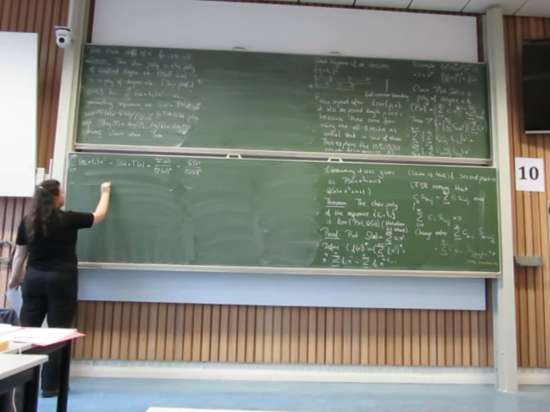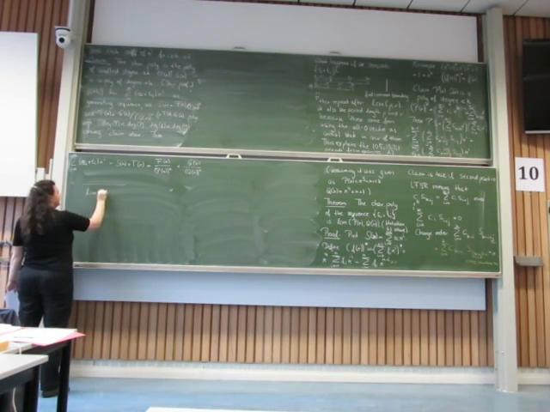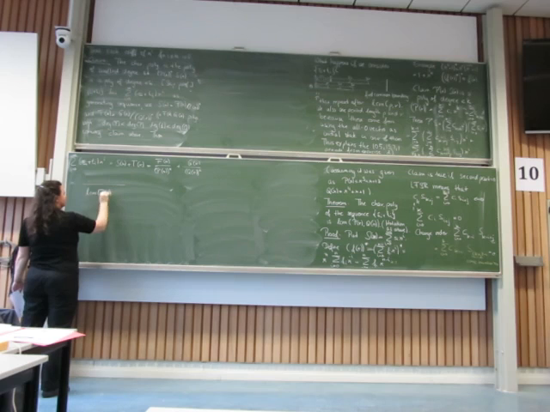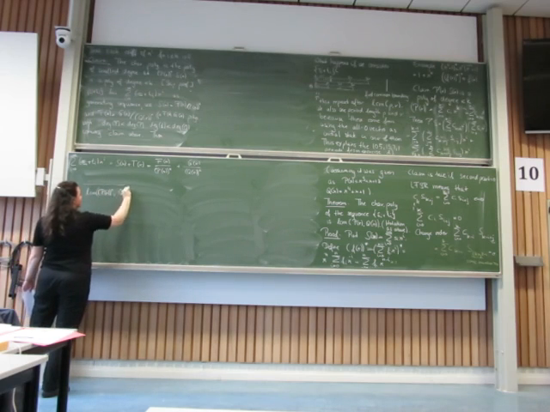So this is something where the denominator is going to be the LCM of P of x star and Q of x star.